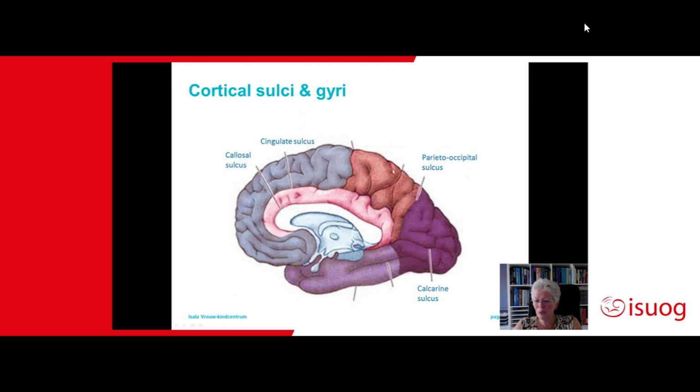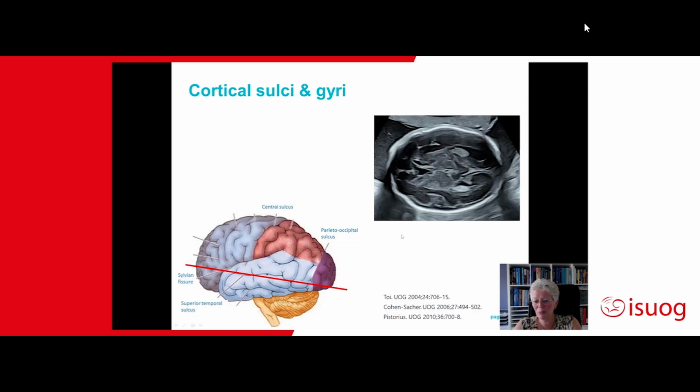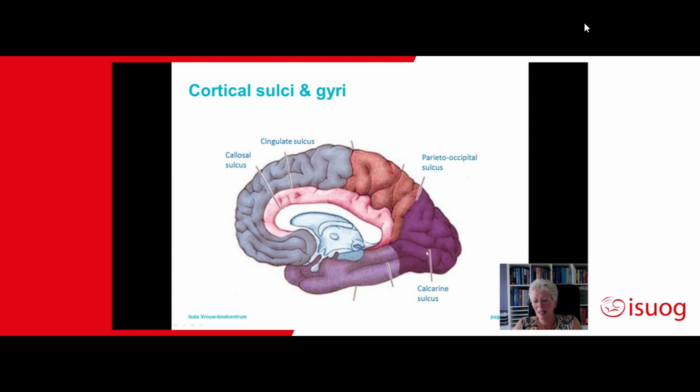And here, between the parietal lobe and the occipital lobe, we have again the parieto-occipital sulcus. And here, on the inside of the occipital lobe, we can see the calcarine sulcus. So these are a few of the sulci that you need to remember, so you can look at them on ultrasound.